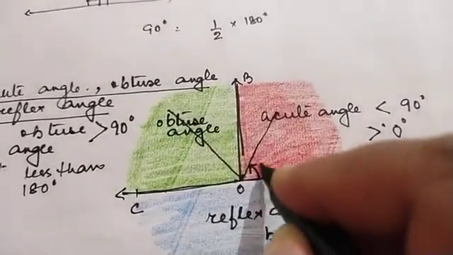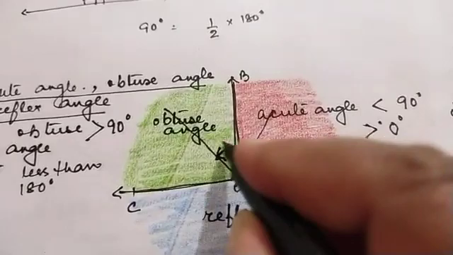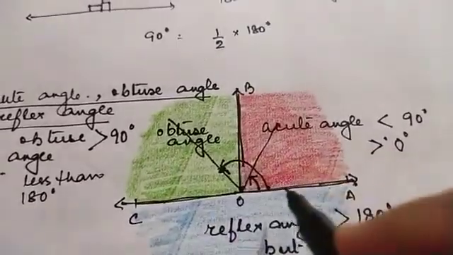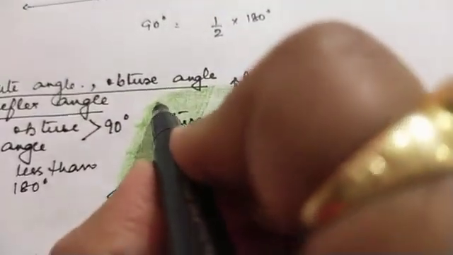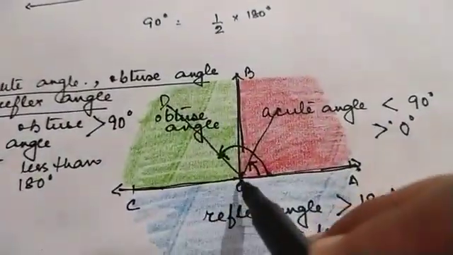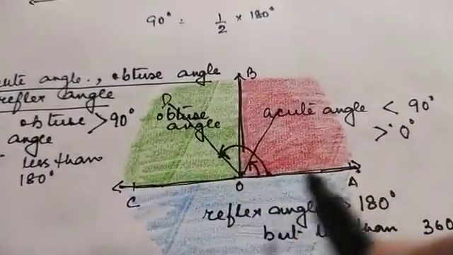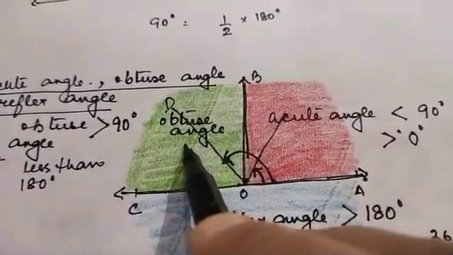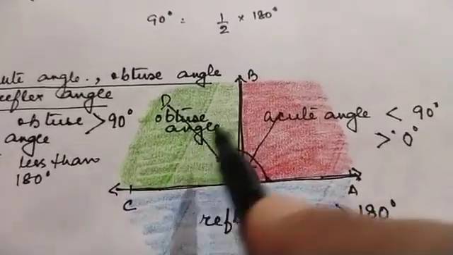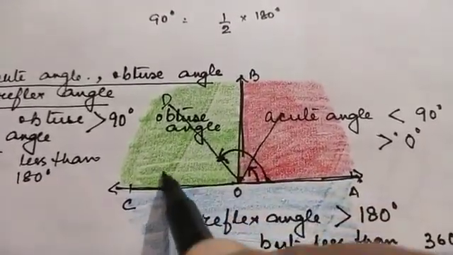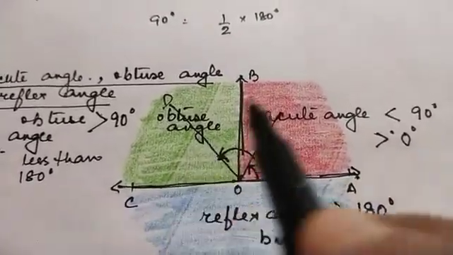This is the initial arm, it is moving till here. Naming this displacement from OA to OD, DOA is an obtuse angle which is greater than 90 degree but less than 180 degree. So all angles lying in this region are obtuse angles.